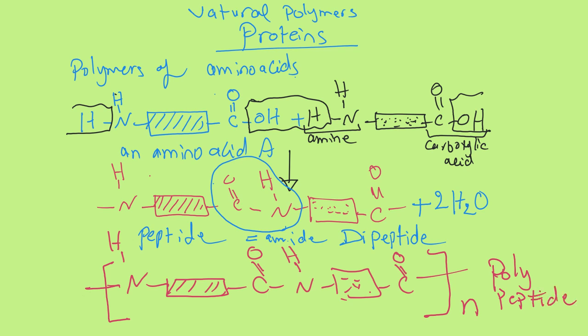Dipeptide is from a normal chemical reaction, condensation, where we removed two water molecules, so you should write 2H2O. And this molecule is dipeptide. But if you are asked to draw the structure of protein or polypeptide, draw the dipeptide unit and put it between two brackets on the right hand.